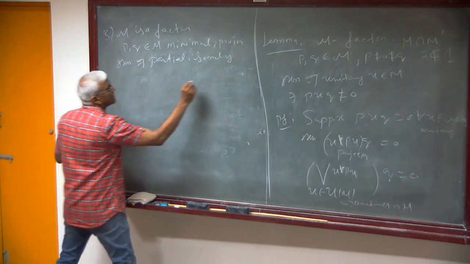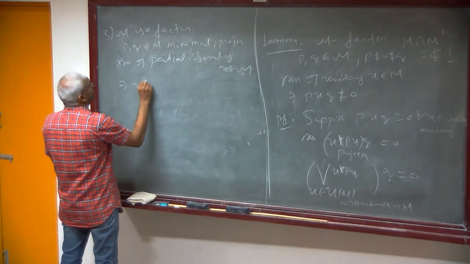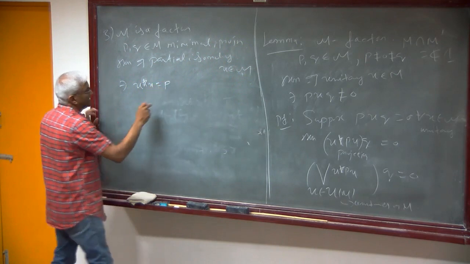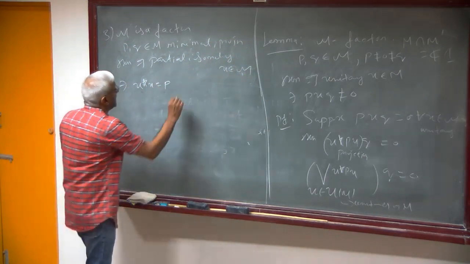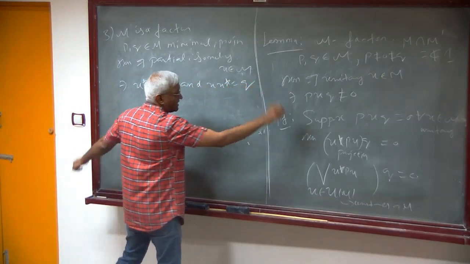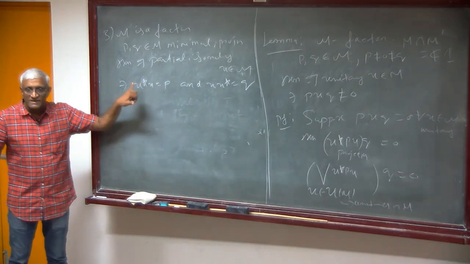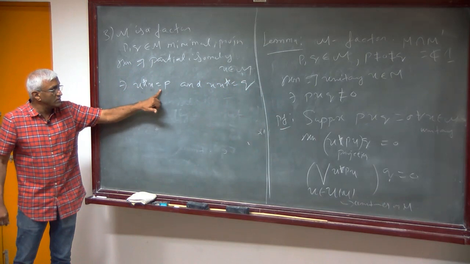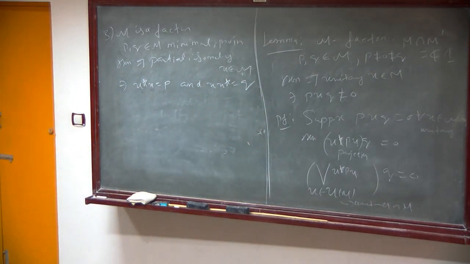So there exists a partial isometry U in M such that U*U equals P, but then there is nothing less than P, so it should be equal to that. And UU* equals Q. So if you have two minimal projections, they are intertwined by a partial isometry in a factor.